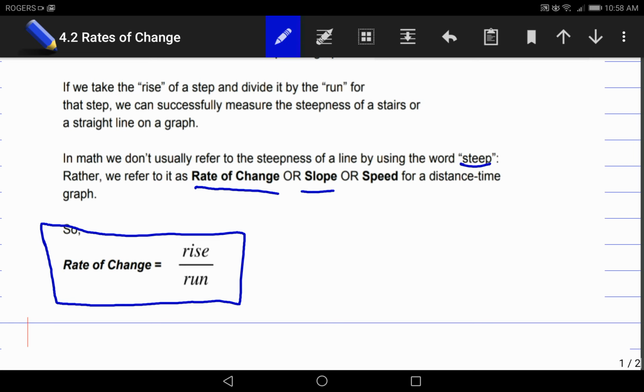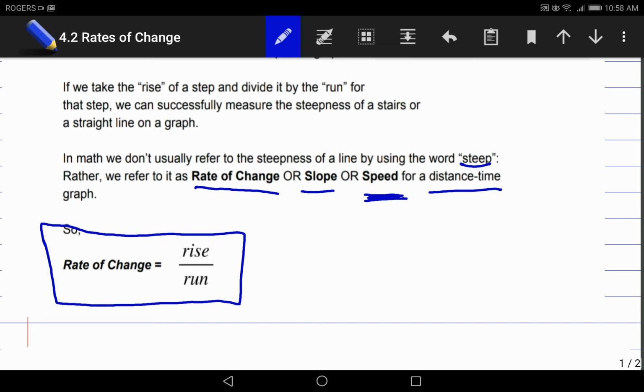So the word steep, when I say how steep a line is, I'm referring to the rate of change or the slope of the line, or specifically in a distance time graph, it is known as the speed. In a specific situation like our distance time graph, the rate of change is actually the speed at which you're going.